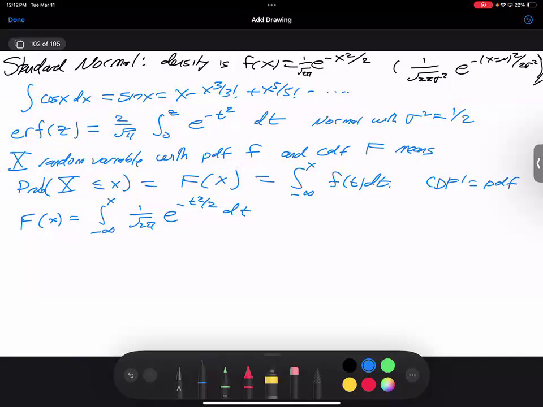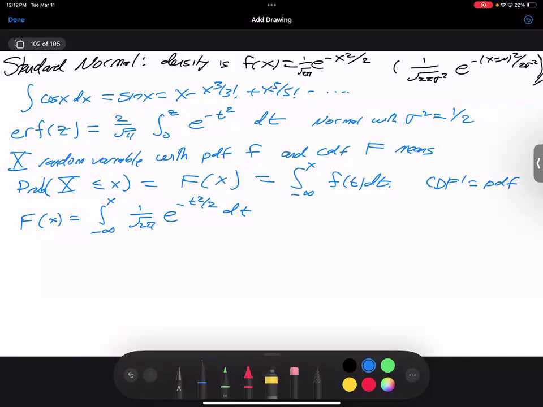Well, no. You have e to the negative t squared over 2. How do I get a handle on what that is? What do I use? Taylor series. And this converges for all inputs, so it's fine.